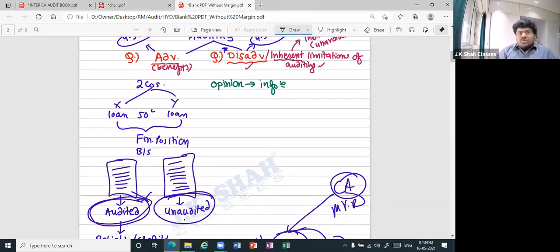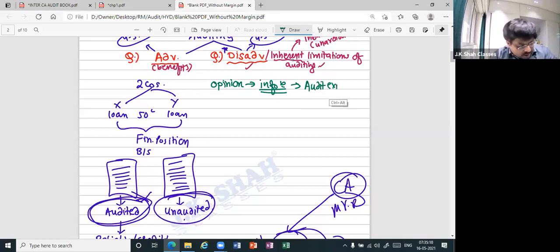No. For a simple example, if I want to give an opinion about a particular restaurant, I can give an opinion only if I have information about that restaurant or I've gone to that tasting myself. Then use common sense. It means if I want to give an opinion on anything or anybody, obviously what I require is information. Agreed? This information in auditing language is known as audit evidence.